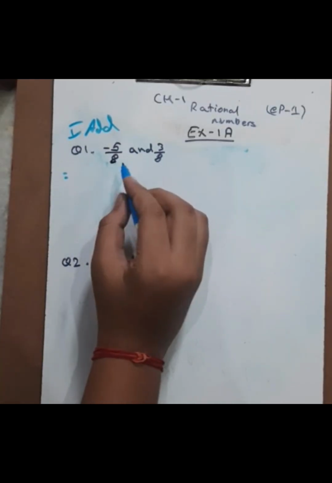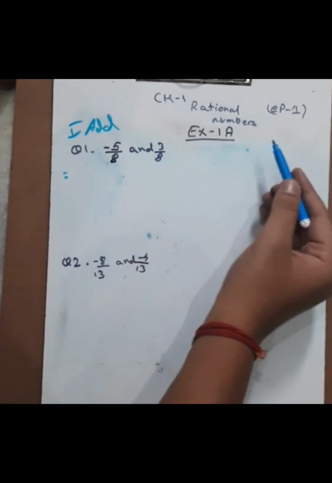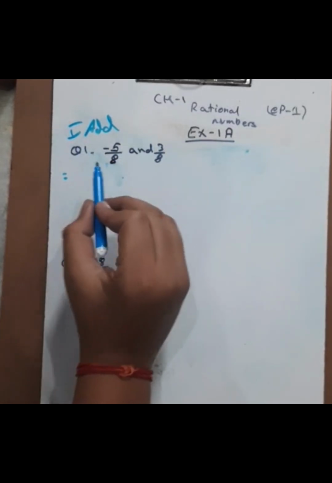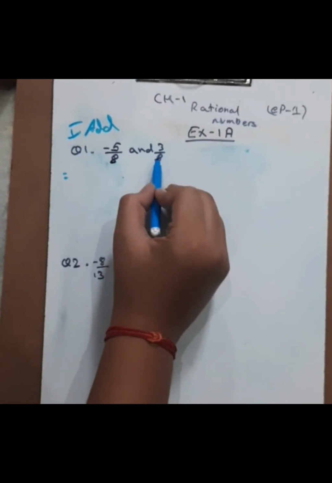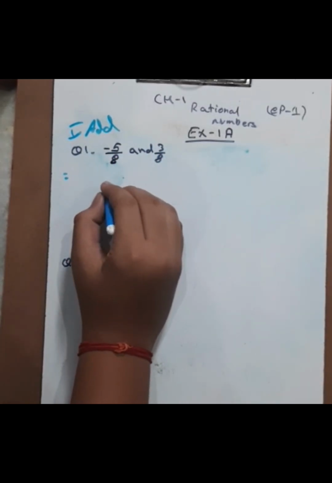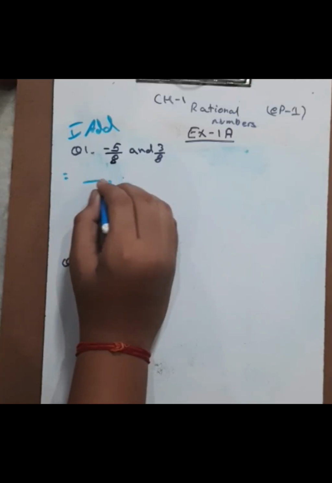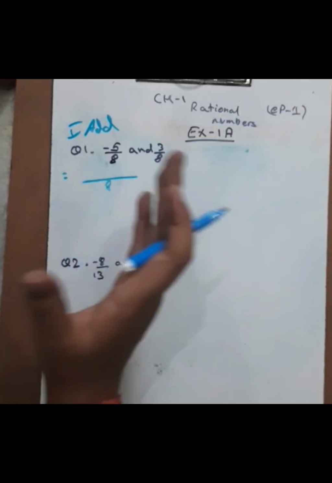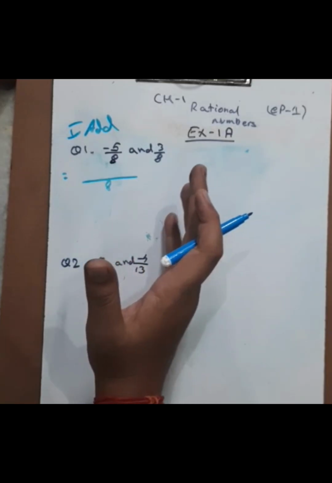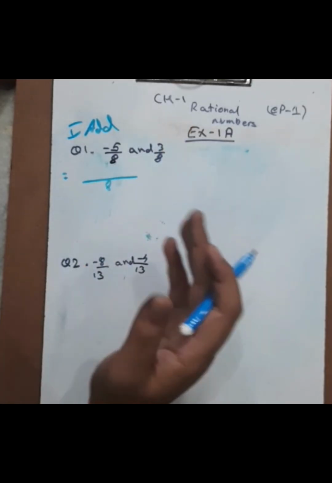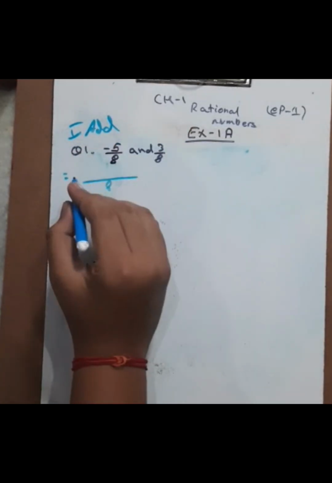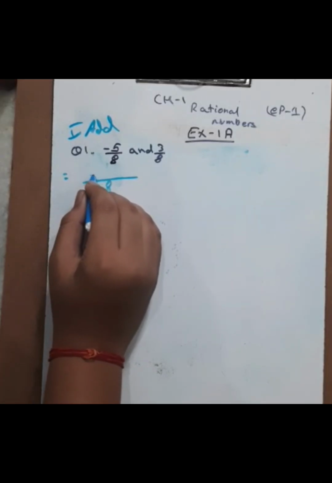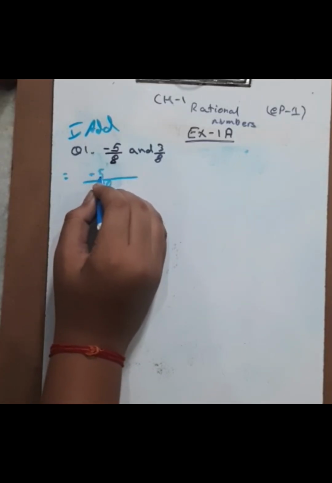If the denominators are different, then we have to take out the LCM. But here they are 8 and 8. So the denominator will be 8, and in the previous class you might have studied how to add fractions. So just add like this.